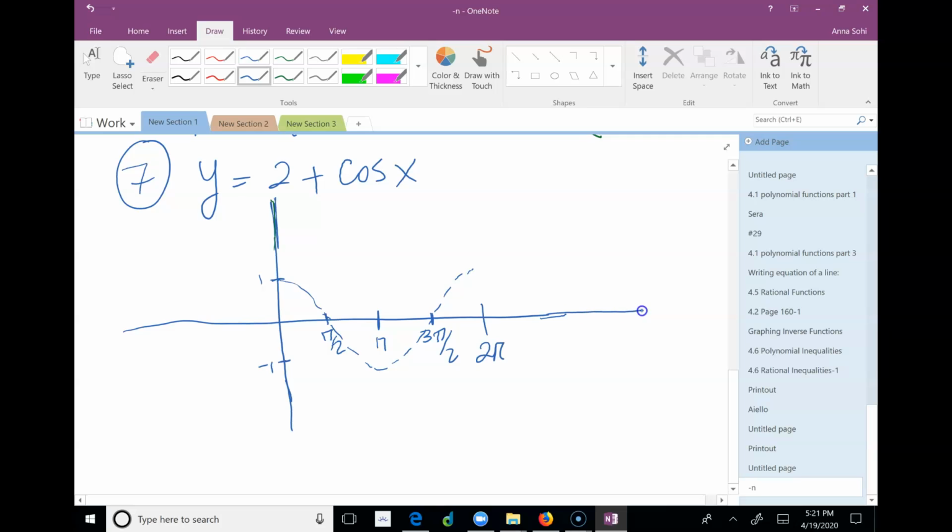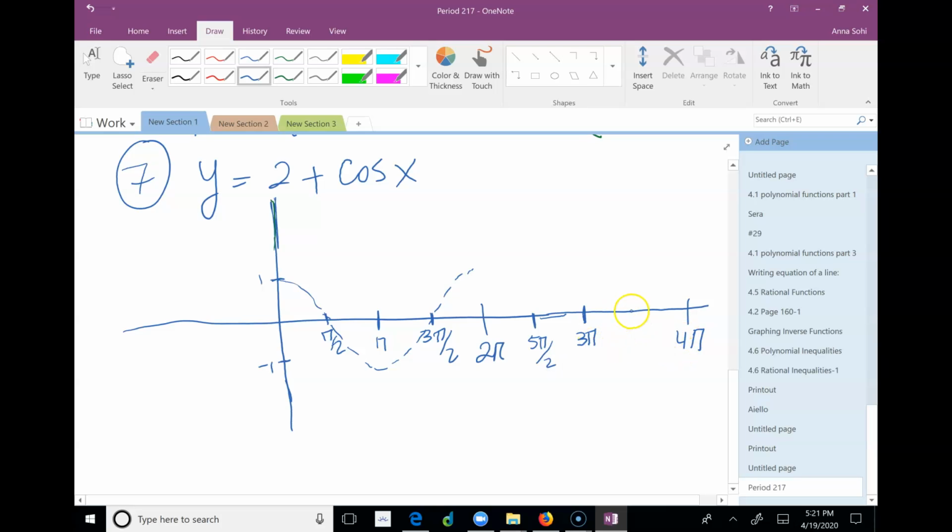If you were going for another period, this is just cosine x for now, then this would have been 4 pi. Half of 2 pi and 4 pi is 6 pi divided by 2, which is 3 pi. Half of 2 pi and 3 pi is 5 pi over 2.